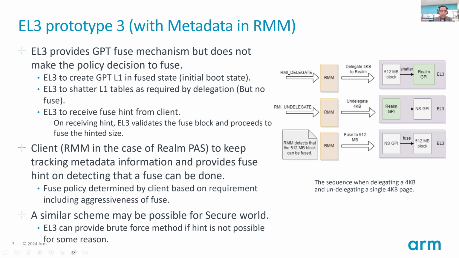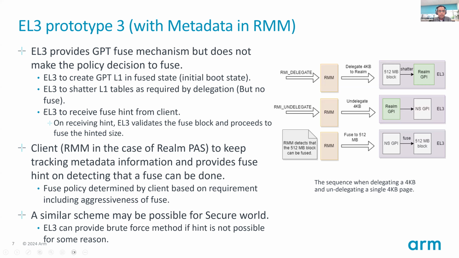EL3 will always initialize in the highest fuse state, and whenever it receives a request to delegate or undelegate, it will do the required shattering, because all the delegate and undelegate requests are 4 KB sizes. If we are beginning from a fused state, we have to shatter to delegate or undelegate that particular page. But we will not fuse opportunistically.